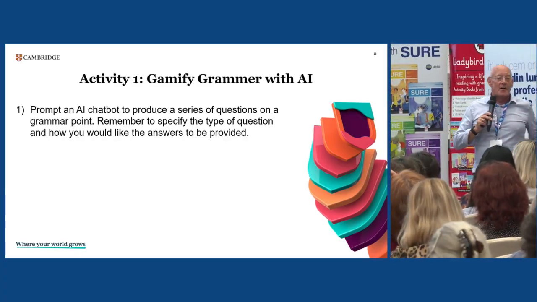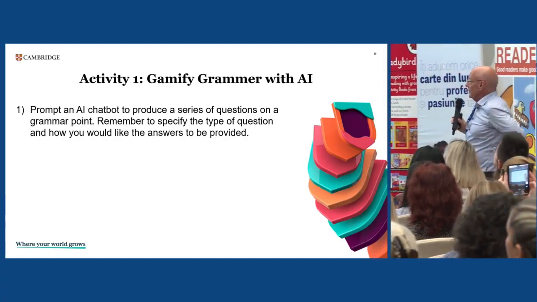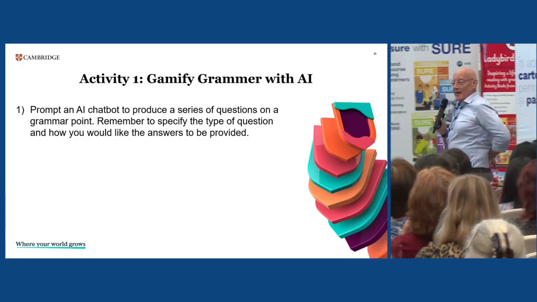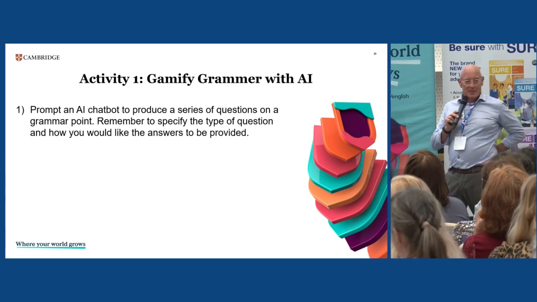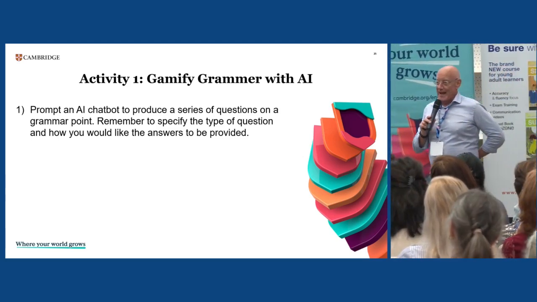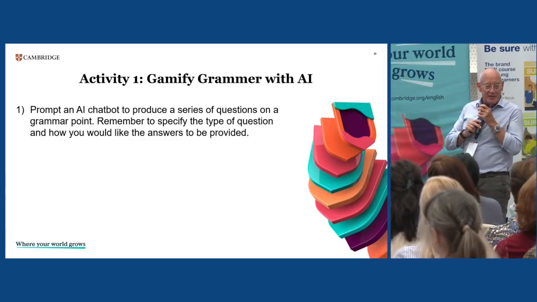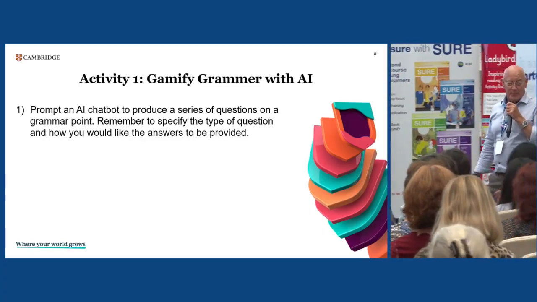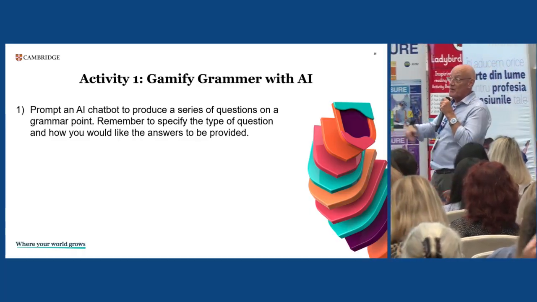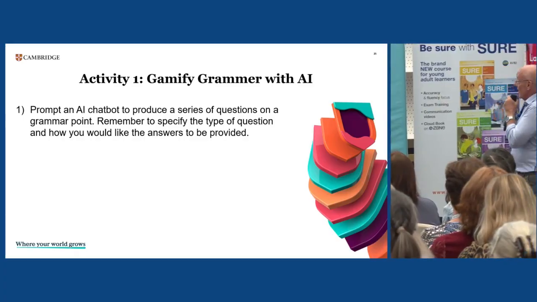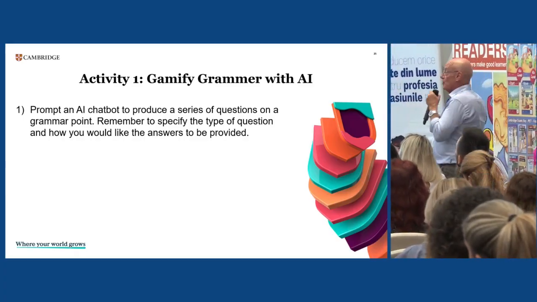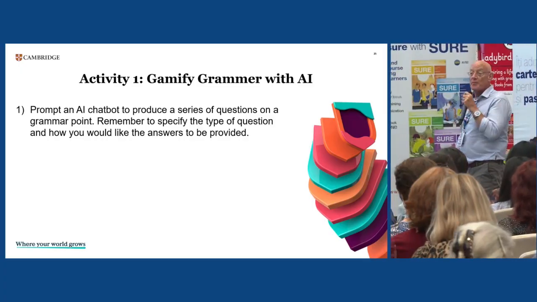Right, so students need an AI chatbot. You know when you visit a website and it says, "Would you like some help?" Click the button and you think, a human. Nah, humans are too expensive. So some robot comes up and asks you these questions and you give your response and it answers in the way that it thinks you want to know. But prompt an AI chatbot to produce some questions on a particular grammar point.